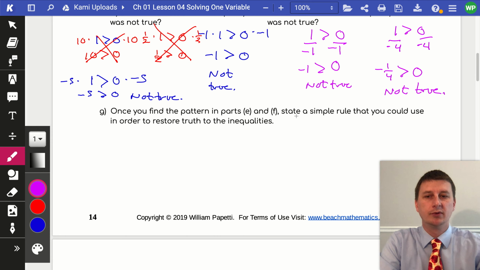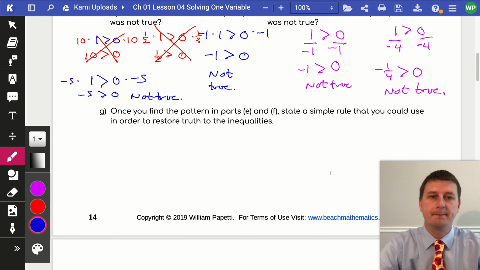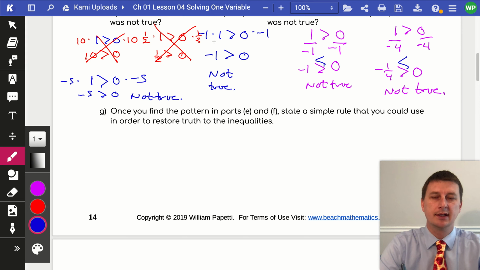So a simple rule that we could use to restore truth to these inequalities, how can we make this true? Well, we could change that greater than sign here to a less than. We could change this greater than sign to a less than. Same here and same here.